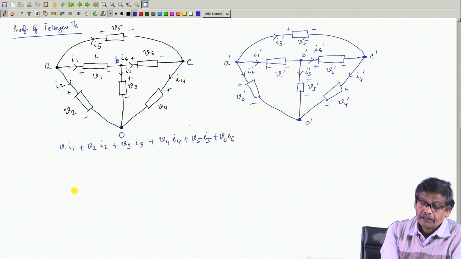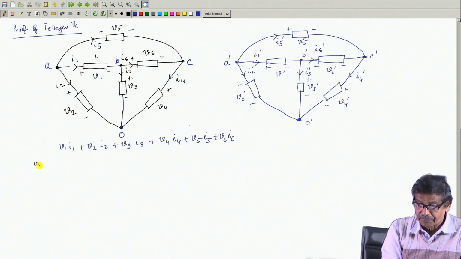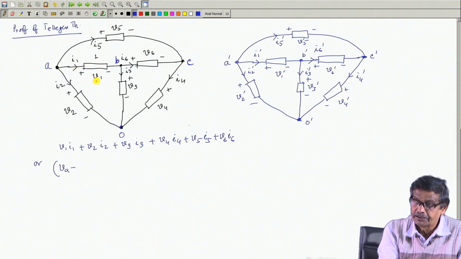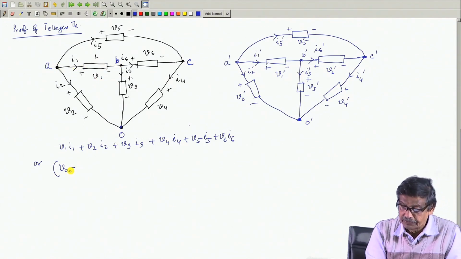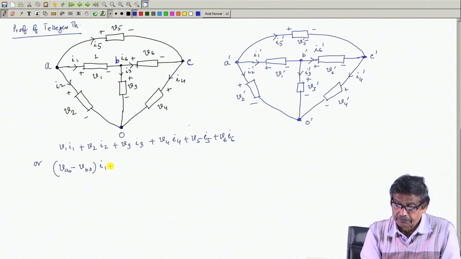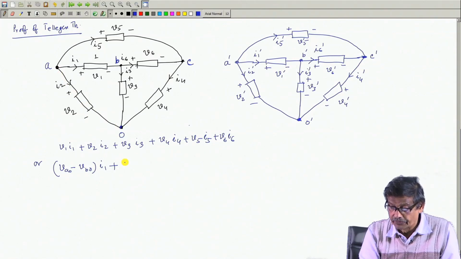Is it not? Now, this V1 can be written as V_A0 minus V_B0, potential. This V1 is V_A0 minus V_B0, into I1, plus V2, the voltage across element 2 is V_A0 itself, V_A0 minus V_00, that is 0.